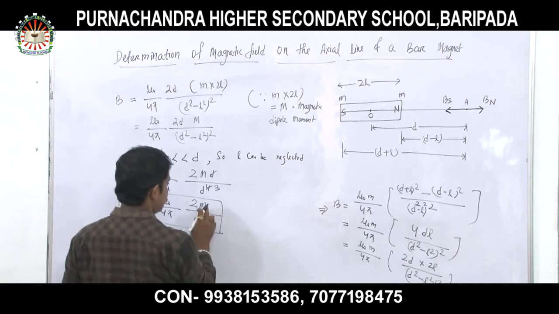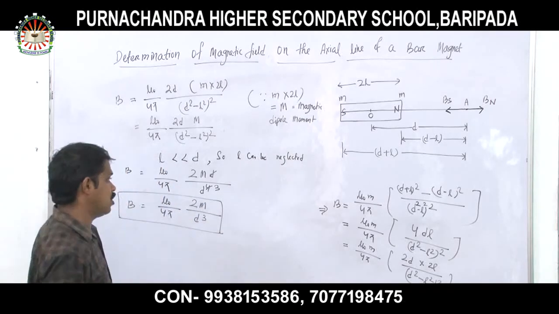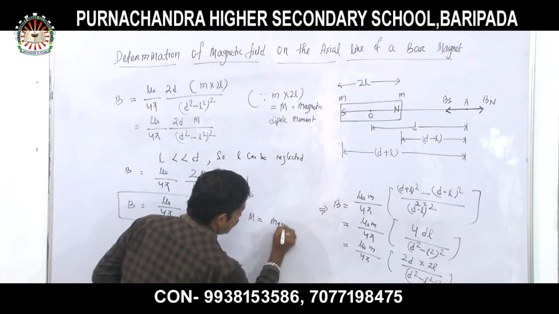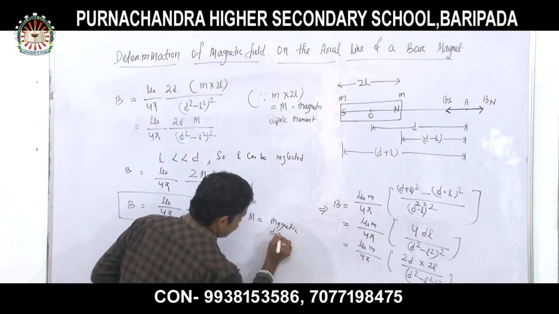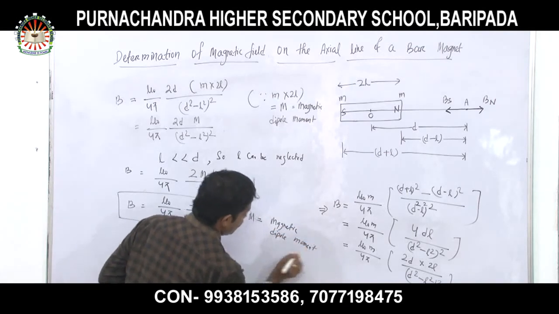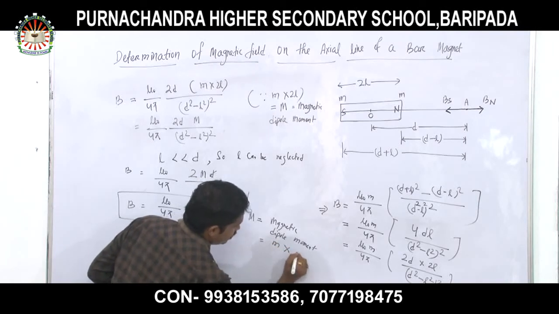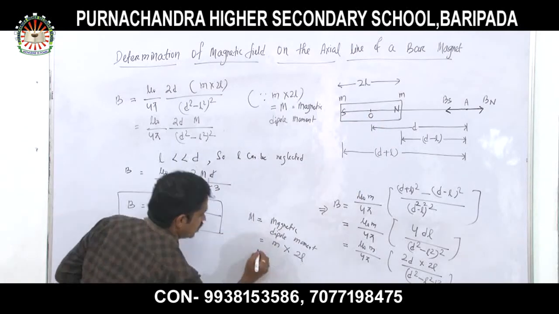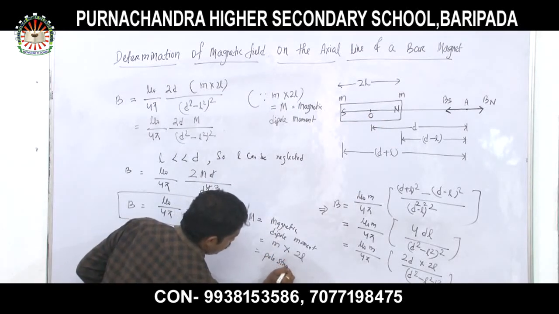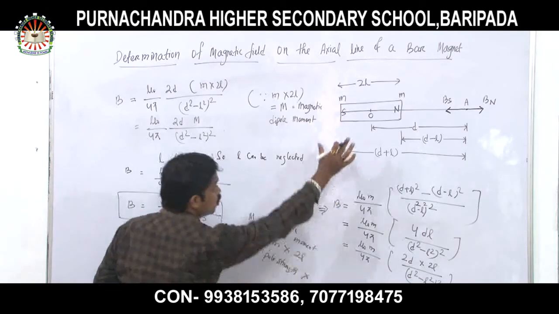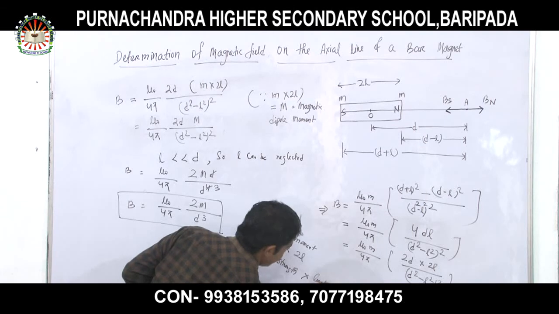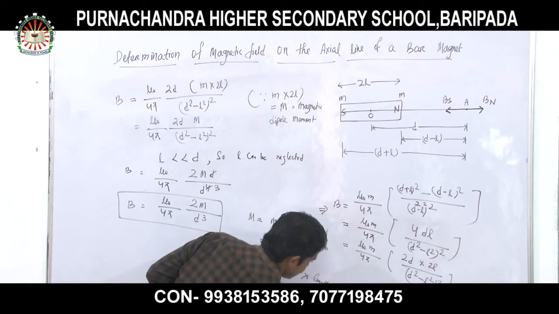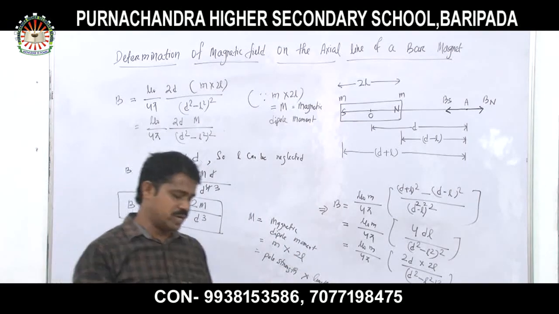Okay, and where this m is nothing but the magnetic dipole moment, whose value is pole strength into the length of the bar magnet. Clear all of you, dear students?